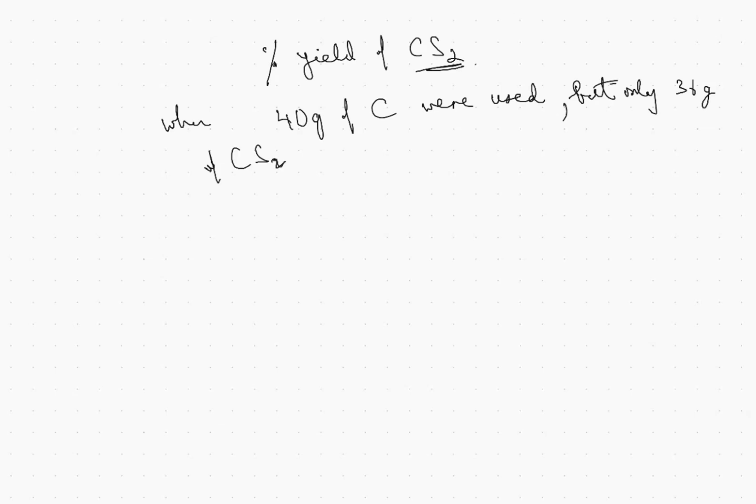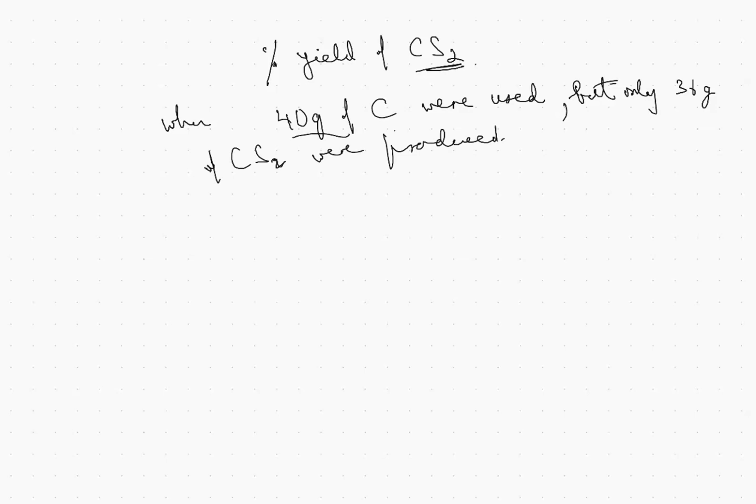Okay, percentage yield. Now, when you use 40 grams, only 36. Normally, we should know from 40 grams. In this case, I assume that more should be produced, but actually, in the experiment, they got only 36. So let us say theoretically how many grams should be produced first, because they're asking the percentage yield.